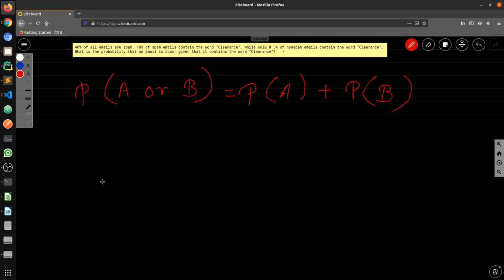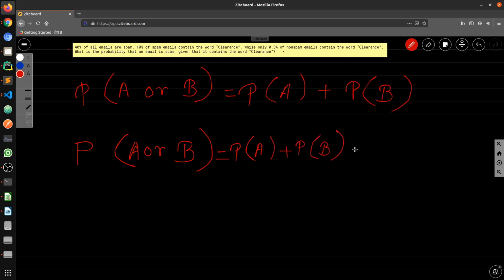Now if two events are not mutually exclusive, then there is some overlap, so we have to adjust for that. In that case, the probability rule says P(A or B) equals P(A) plus P(B), and then we have to adjust for the occurrence of both of them at the same time, which needs to be deducted.